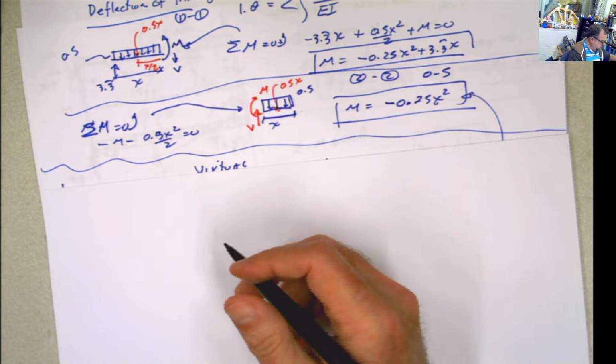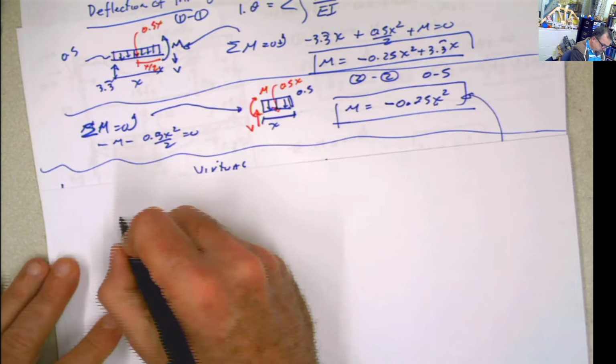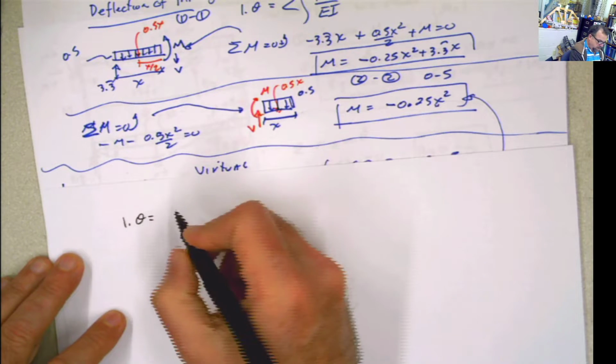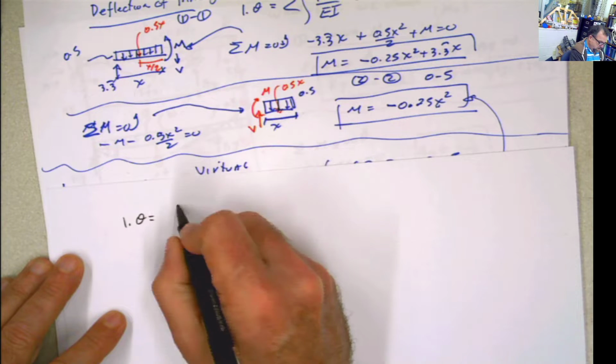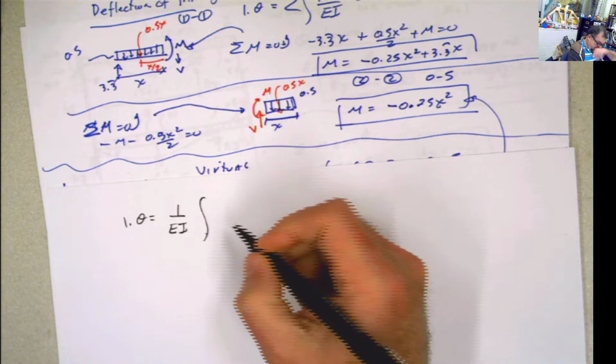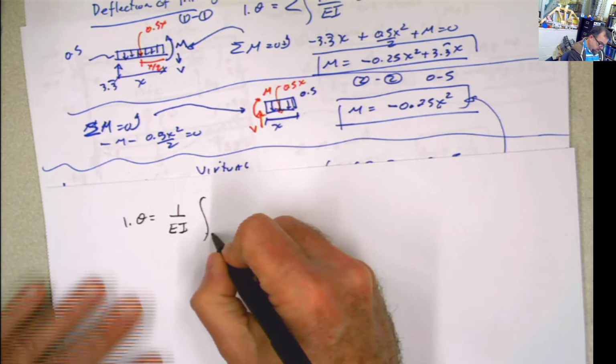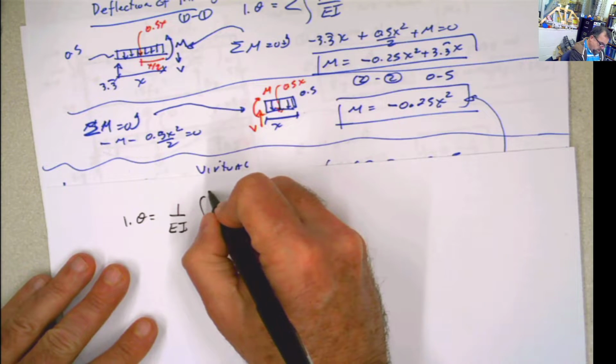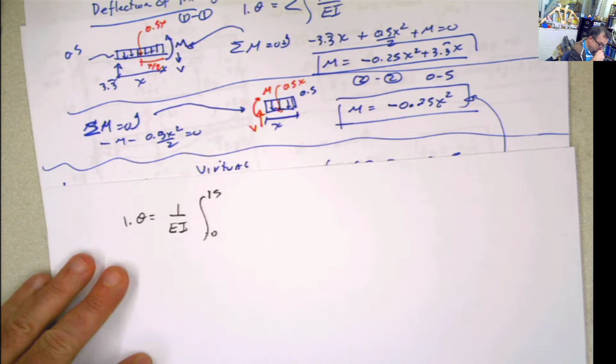So 1 times my rotation is going to be equal to 1 divided by EI multiplied by the summation of all the integrals, but in this case it's only 1, and it's 0 to 15 because it's section 1.1.